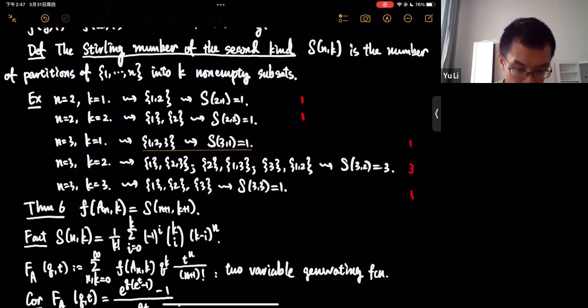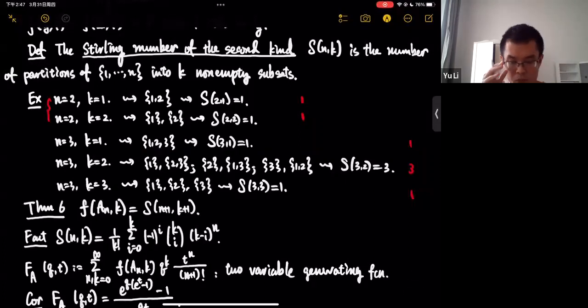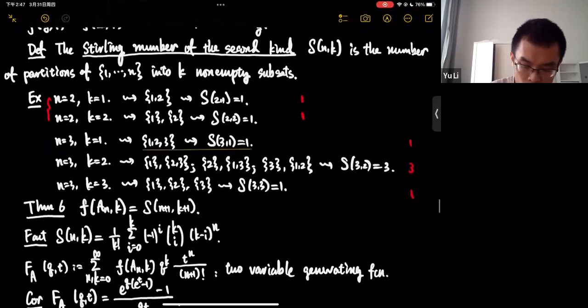Okay, so for example, if n is equal to 2, suppose I want to partition into one part, then I only have the set {1, 2}. So S(2,1) is equal to 1. Now, if I want to decompose into two parts, I have the decomposition {1}, {2}. So S(2,2) is equal to 1.